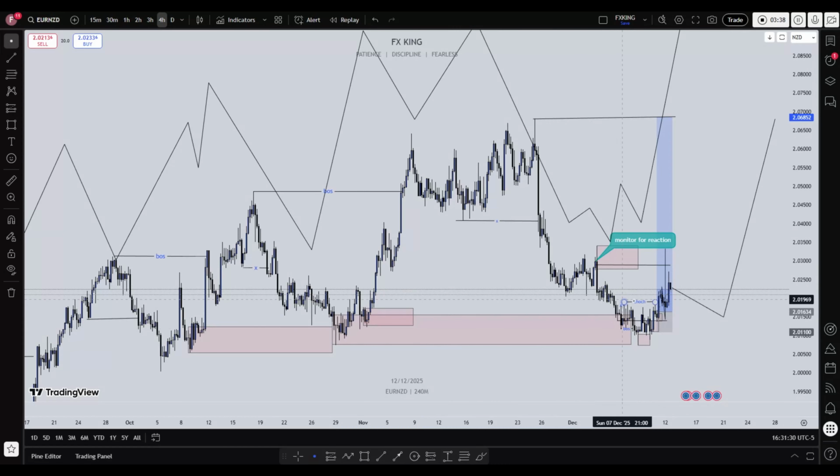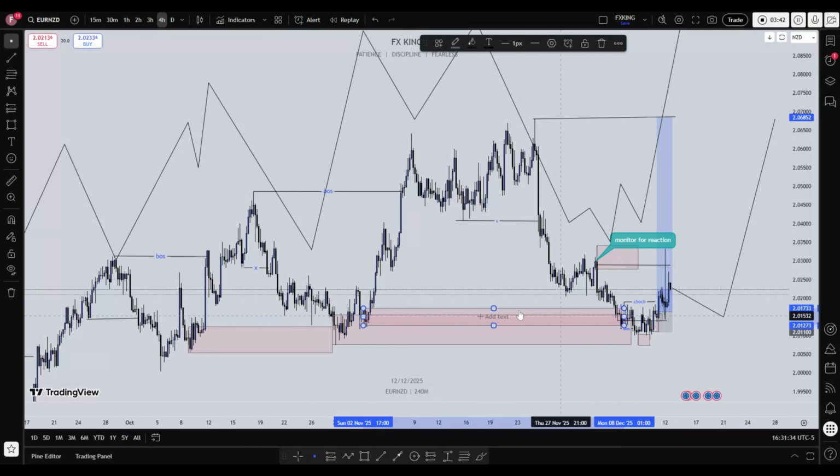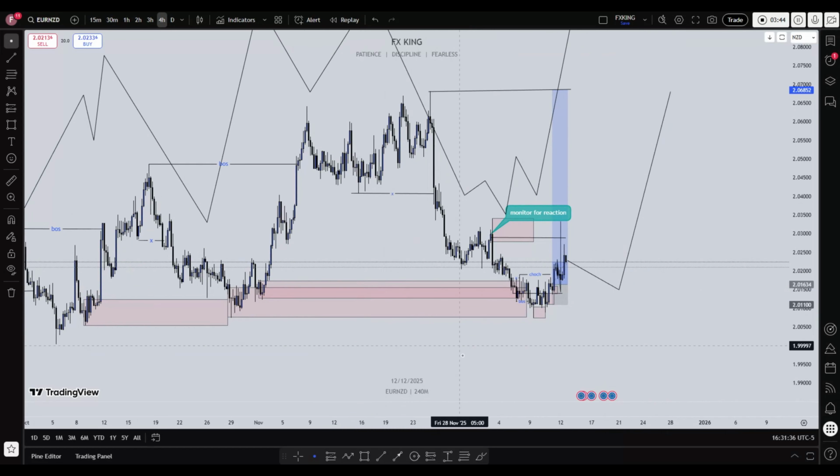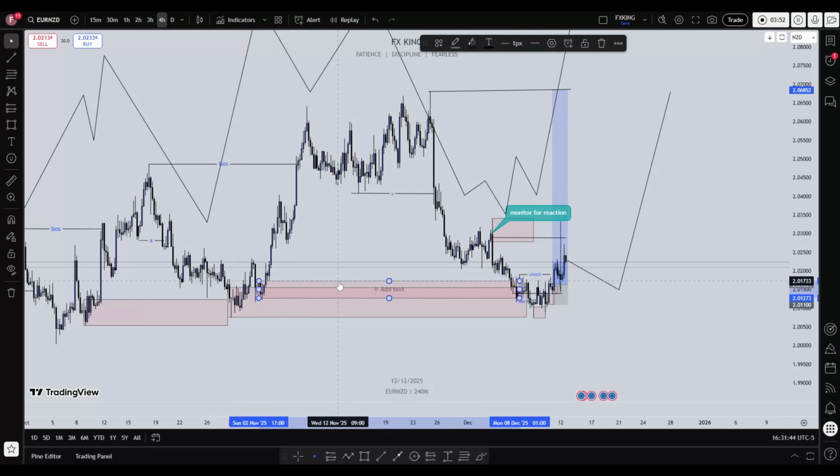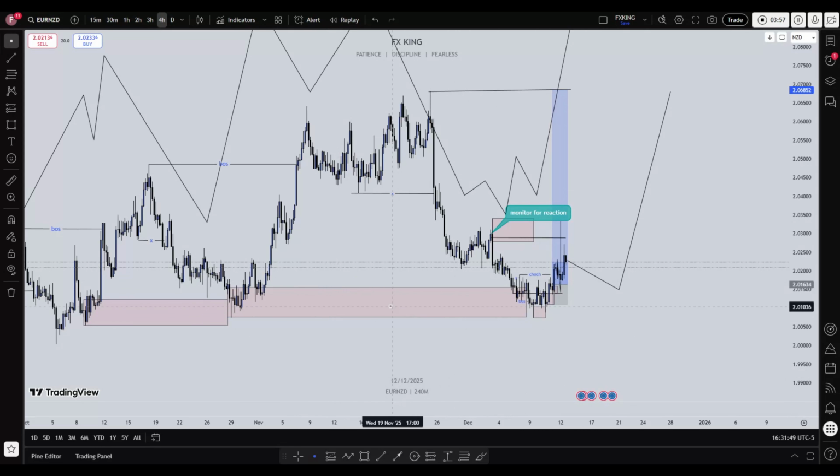But obviously the market did not react nicely to this zone. If you happen to extend this, when the market came here, there was no change of characters, nothing. The market just shut up. Nevertheless, this other block is still valid, though it's not valid on this time frame, but it's valid on a bigger time frame. So if the market reacts from somewhere around here and gives us any sort of confirmation, we're still looking to buy.